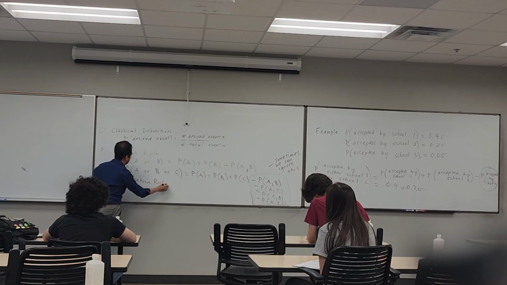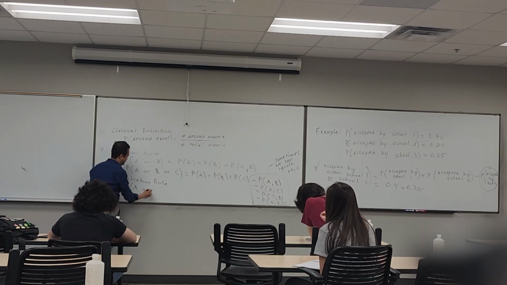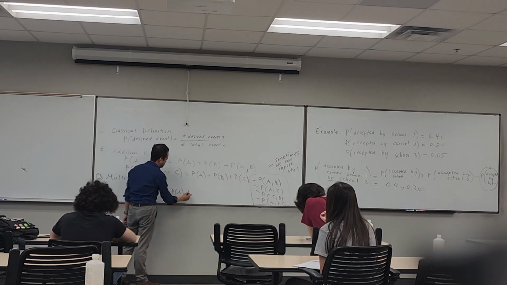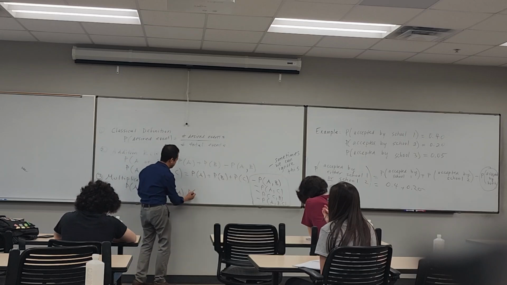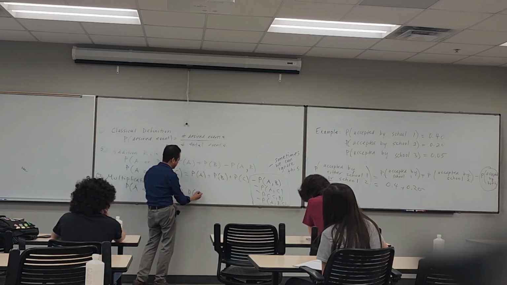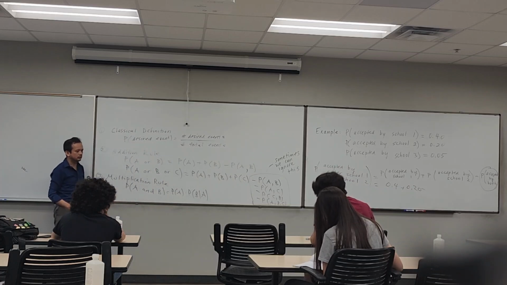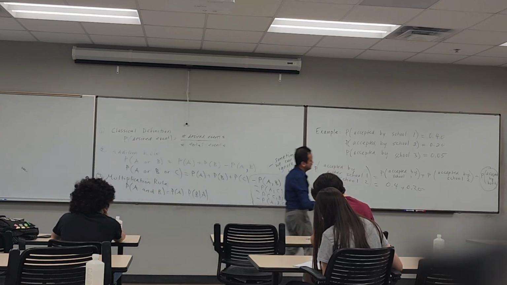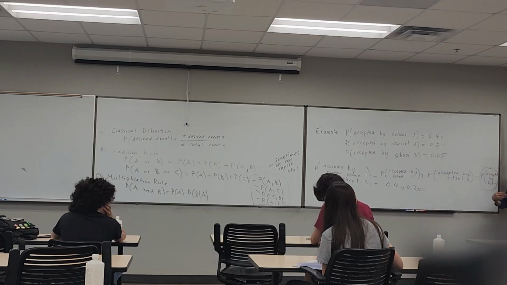And the multiplication rule says that the probability of events joined by and is the probability of the first times the next probability, which is actually a conditional probability: the probability of the second event given the first one occurred. So in this case, it would be, what's the probability that the first school accepts you times the probability the second school accepts you given that the first one accepted you.